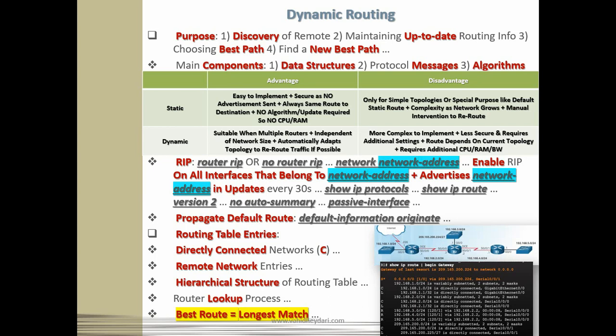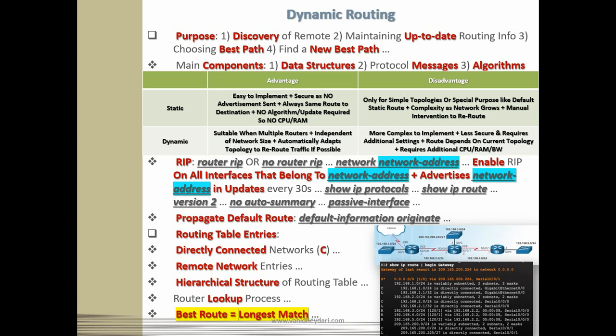This is the metric, and the metric is the value assigned to reach the remote network. The lower the metric, the better. So we always prefer lower metric. Same for AD, we always prefer lower ADs if we have more than one route source.